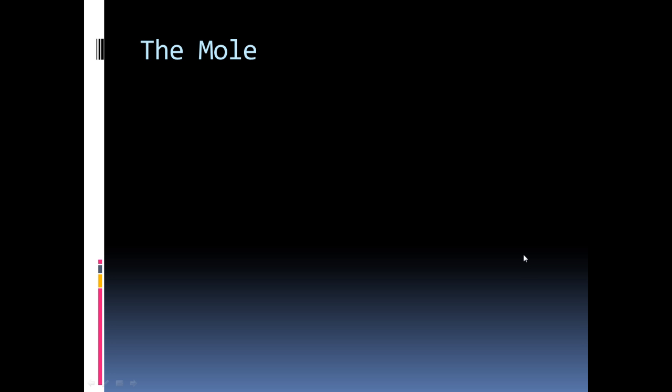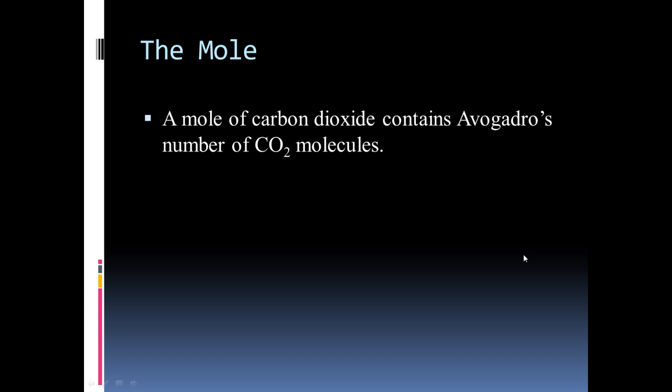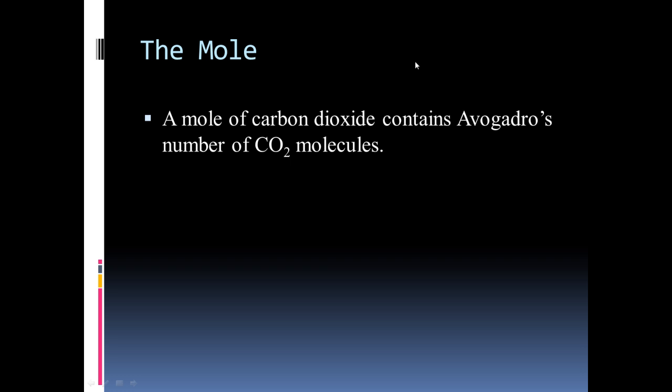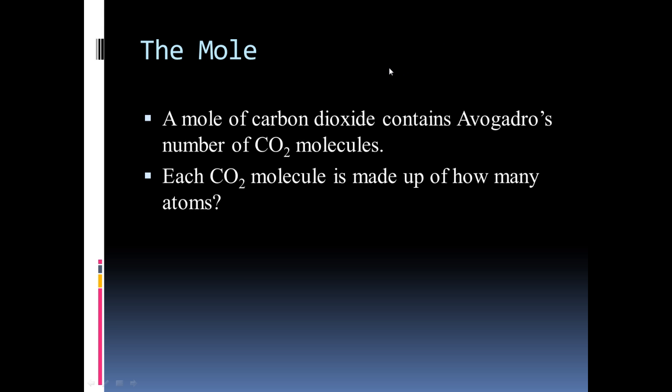So more about the mole. We want to use this concept. A mole of carbon dioxide contains Avogadro's number of CO2 molecules. Let's think about our terminology. Each CO2 molecule is made up of how many atoms?